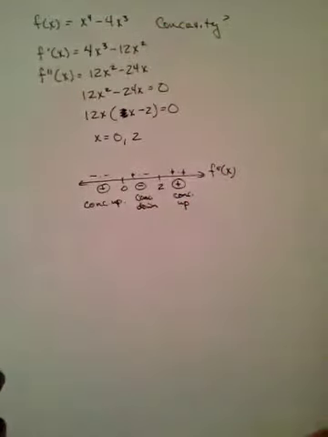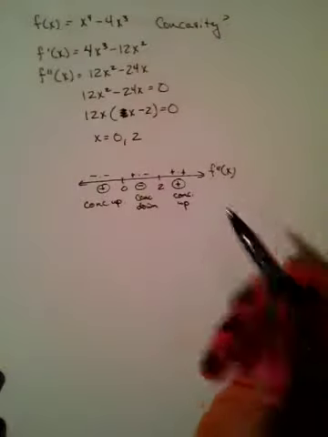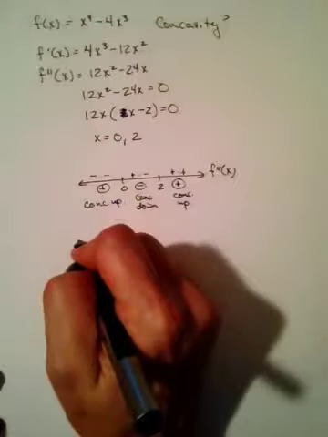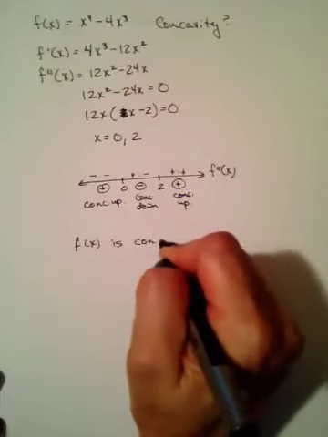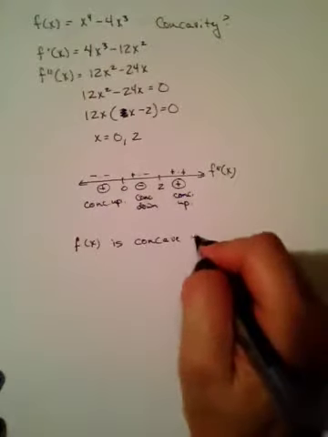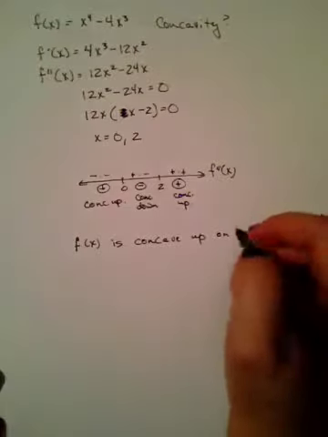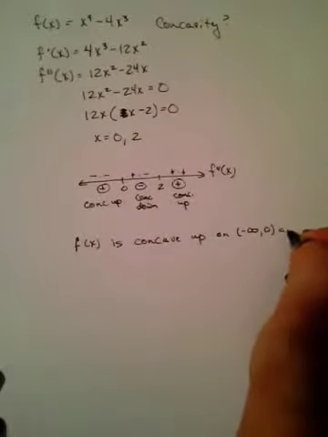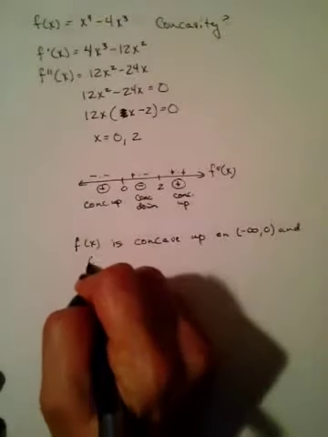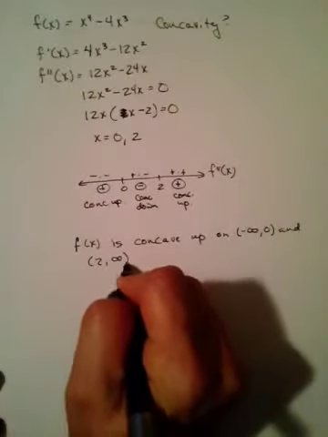So if someone asked me on what intervals was this function concave up, concave down, I could say f of x is concave up on 2 intervals. I'm going to say from negative infinity to 0 and from 2 to infinity.